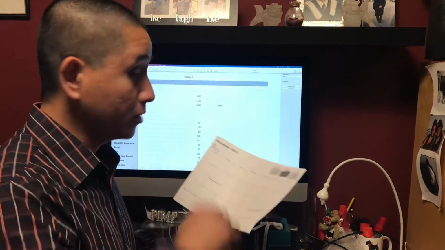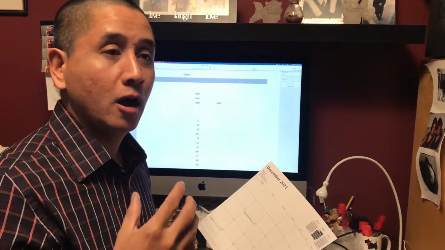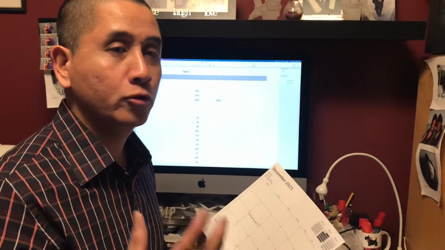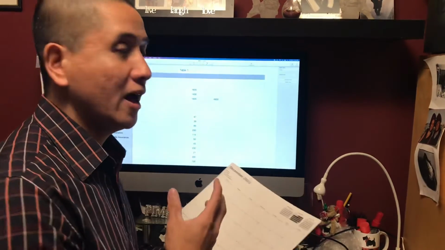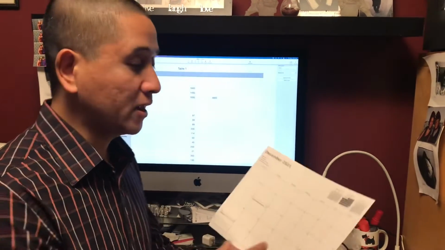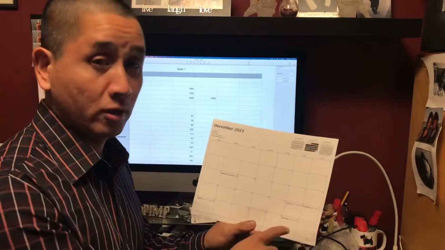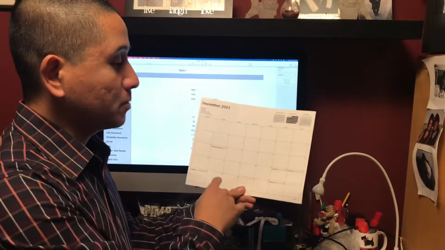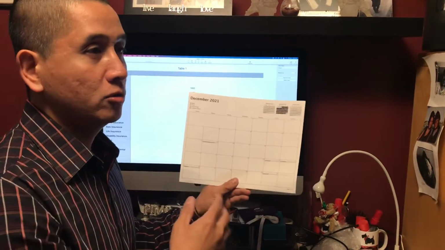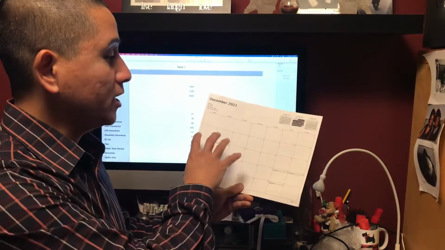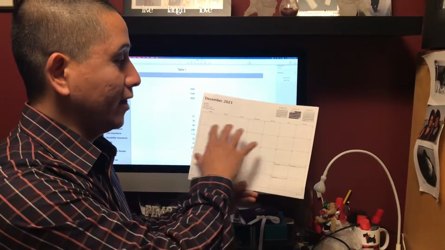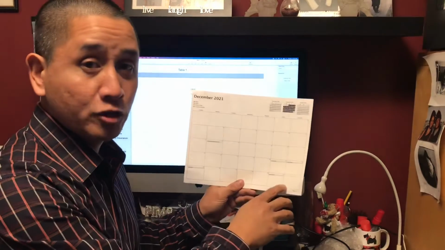So adjusting entries, in particular accruals or accrued expenses, accrued revenues. The reason why we have accruals is because of the time principle in accounting. We normally split the accounting period up into different specified periods of months, years. So normally a business would have a calendar, they would close the books at the end of each month.